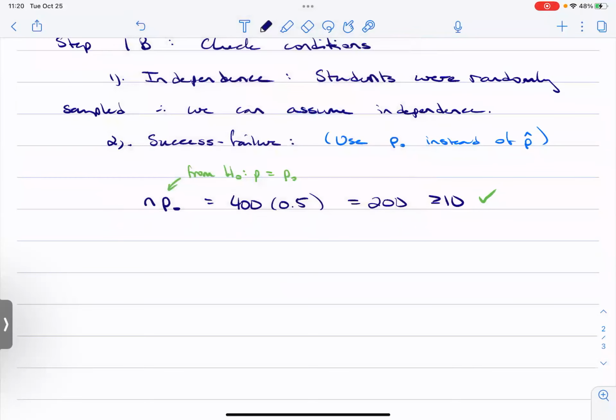Which means that the failure condition is the same: n times q naught, which is again 400 times 1 minus 0.5, which is still 200, which is still greater than or equal to 10.